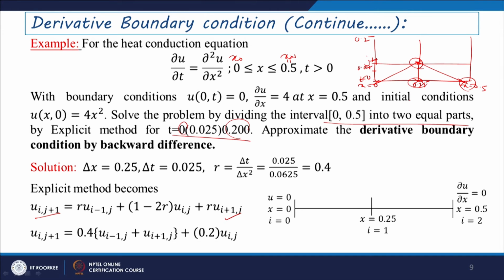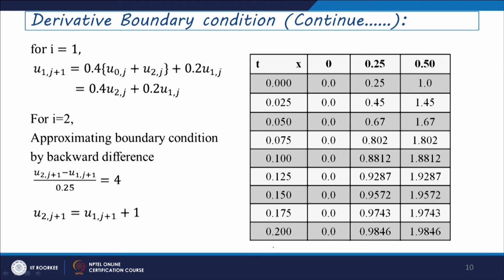And if we use r equals del t by del x square, the coefficients can be written in the form of 0.4. Since r is involved with these two terms, u i minus 1, j plus u i plus 1, j, plus 0.2 into u i, j. So for i equals 1, u1, j plus 1 can be written as 0.4 u2, j plus 0.2 u1, j.